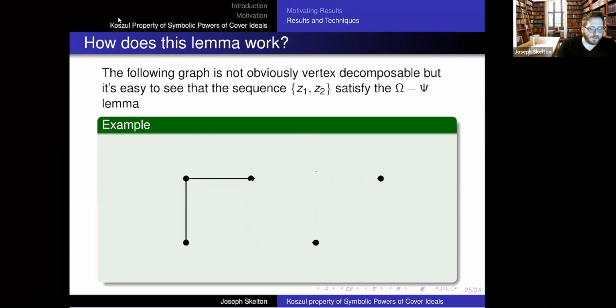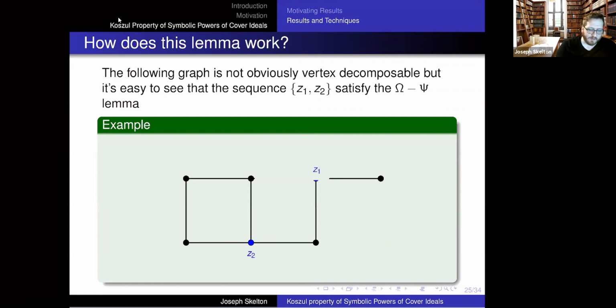And then for the second condition, where I start deleting neighbors: if I delete Z1 and its neighbors, that deletes all of these, and I get a path, which is vertex decomposable.